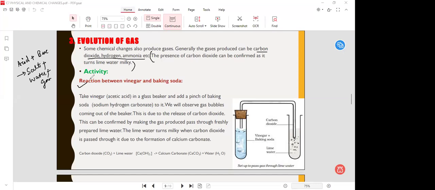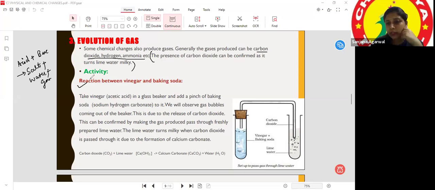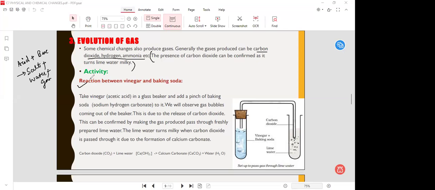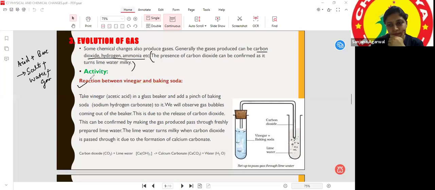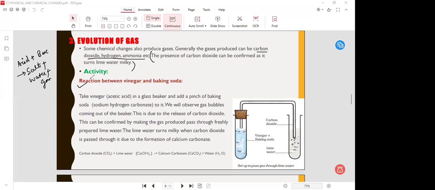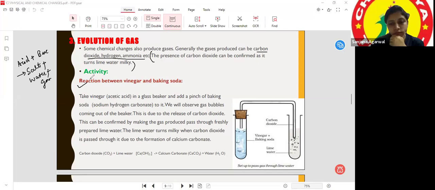What I observed is, I put vinegar inside one jar. Then I took one balloon, and inside the balloon I put almost 1 teaspoon of baking soda.